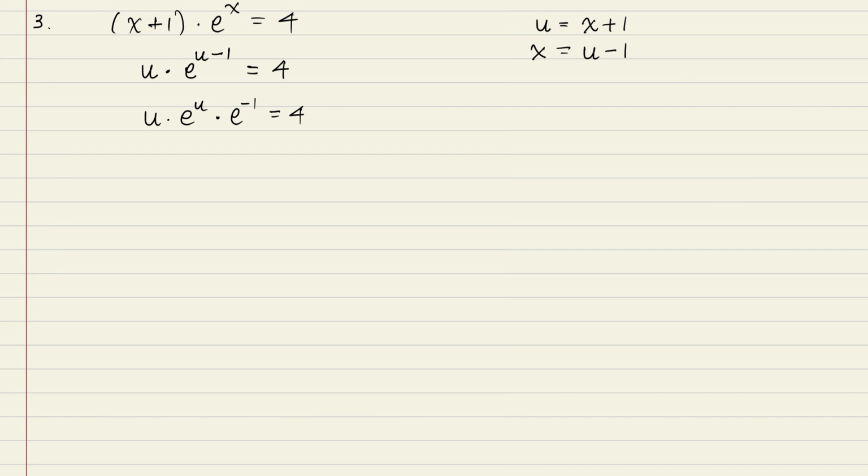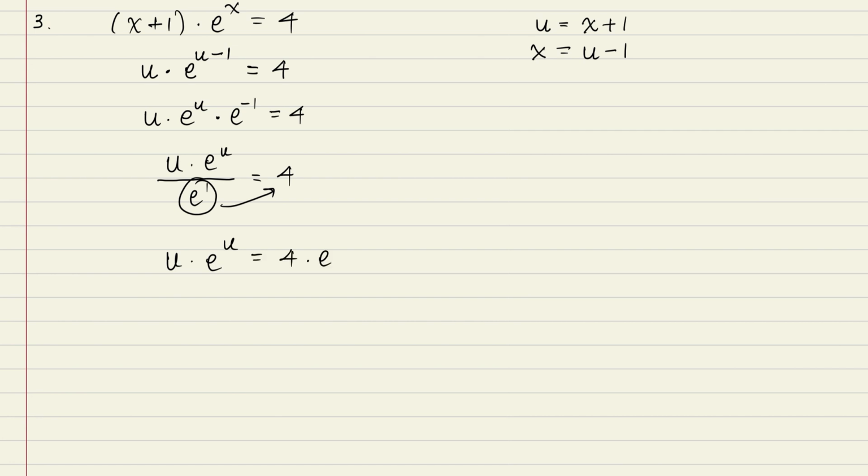Now let's rearrange this slightly. So u multiplied by e to the u, and that's divided by e to the 1, that's equal to 4. Now I'm going to take the e to the 1 across. So u multiplied by e to the u is equal to 4 multiplied by e.